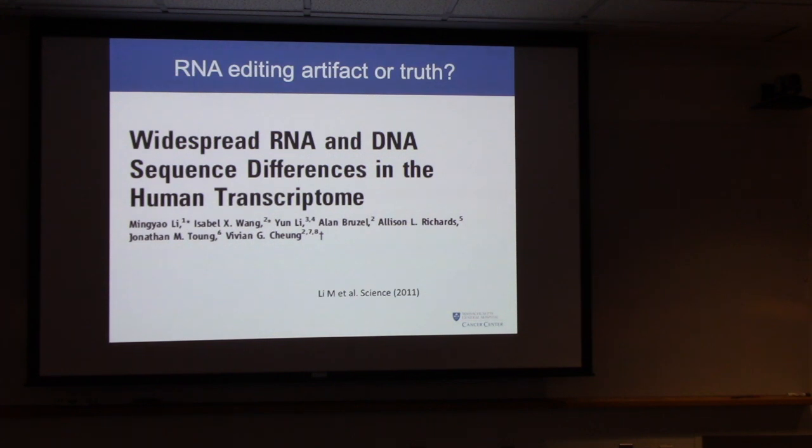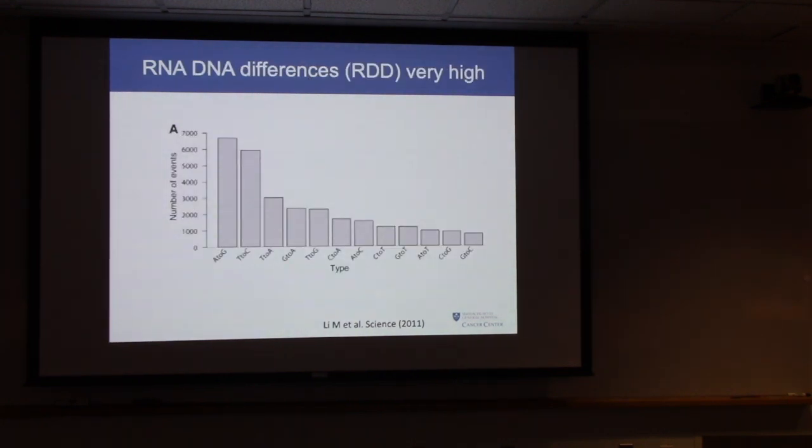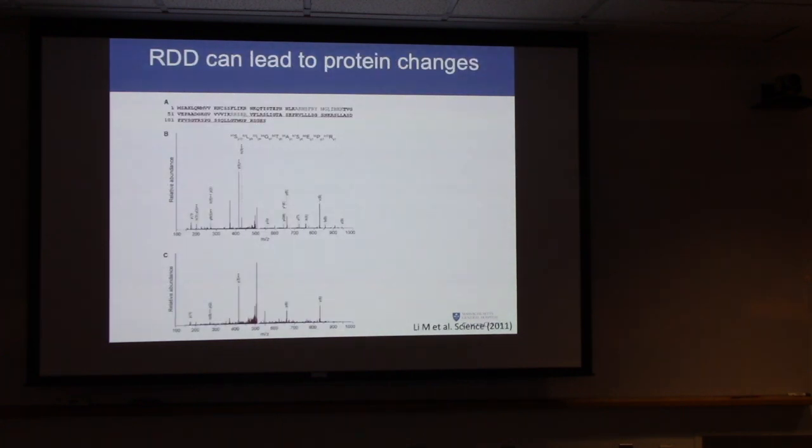Then they said, I'm going to look for differences in the RNA compared to the DNA, because those are going to represent RNA editing events. That sounds great. So they did. They were like, wow, we see thousands of these events, all these A to G, T to C. RNA editing is amazing. RDD is a significant thing. Science paper.